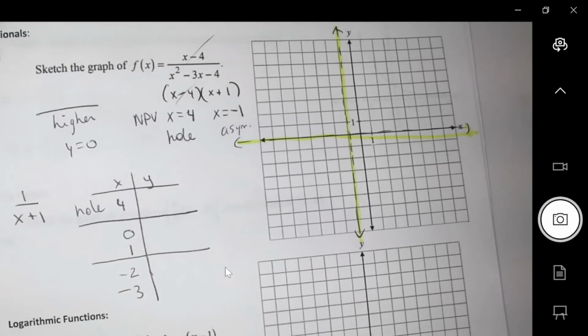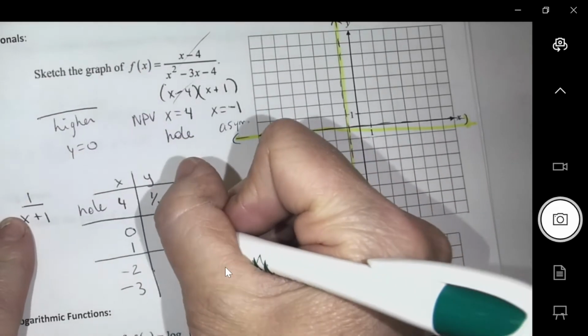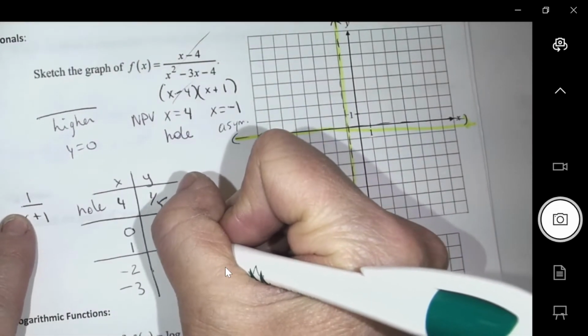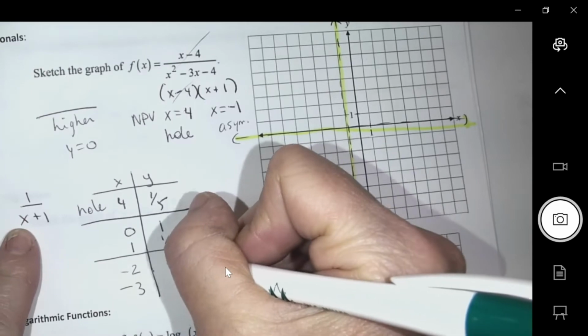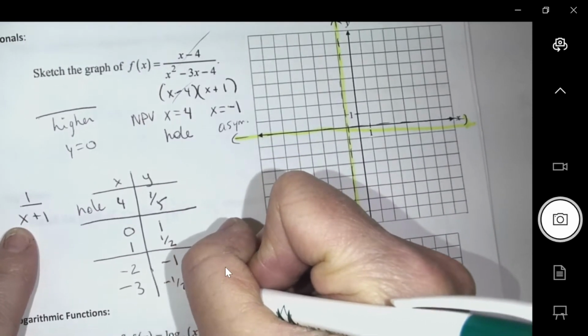Okay, are you okay if I do these fast? We're all okay? When I put a 4 in, it's 1/5. 0 is 1, 1 comma a half. -1, -1/2.